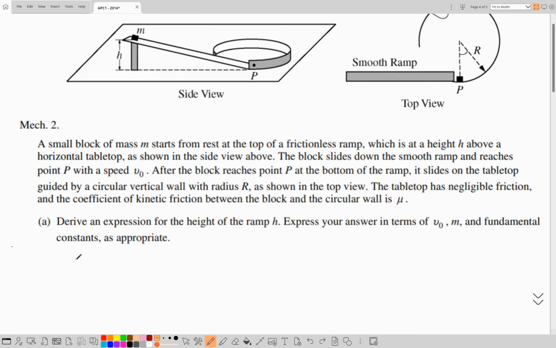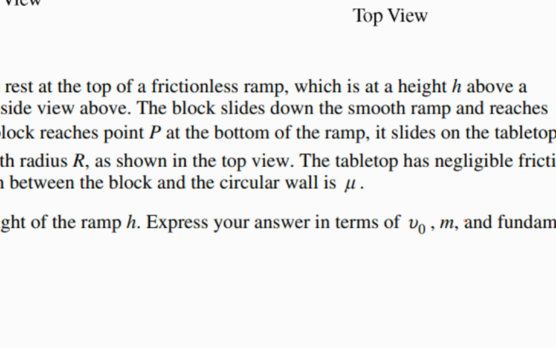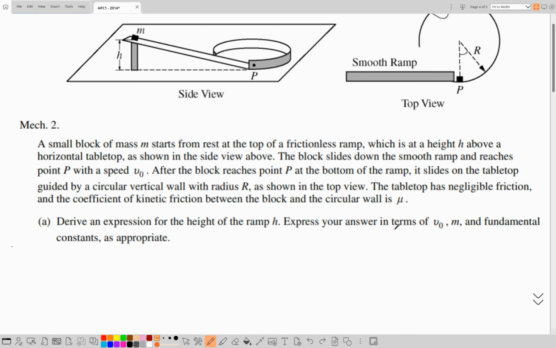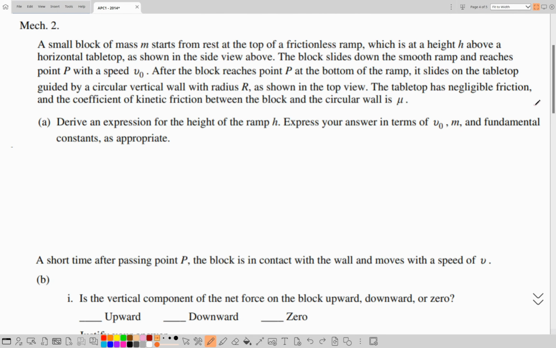In part A, derive an expression for the height of the ramp h. Express your answer in terms of v0, m, and fundamental constants as appropriate. Because we're interested in relating h to v0, we need to use the conservation of energy. Before doing so, we need to choose our reference level.